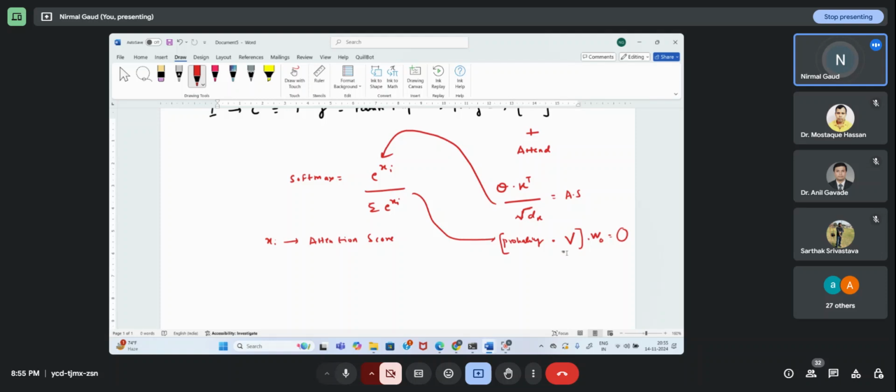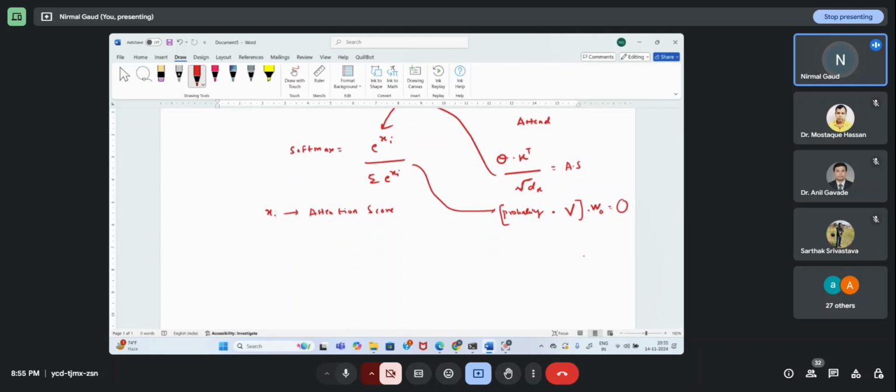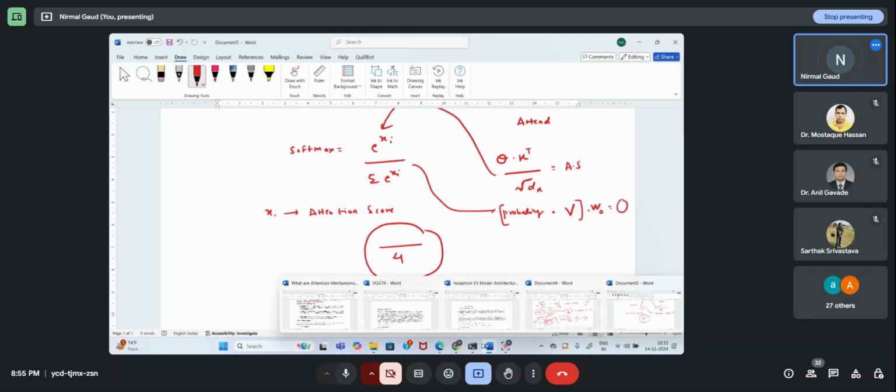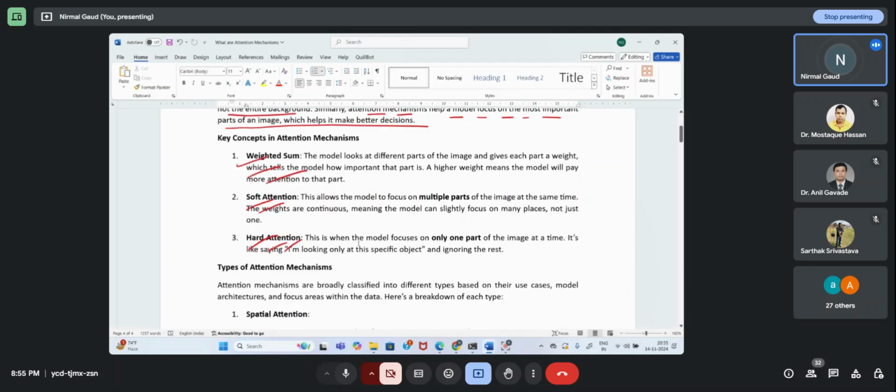For the weighted sum, for example, if we have four terms, I take the sum of the four terms divided by four. That is the average. Here it's mentioned to take the weighted sum.